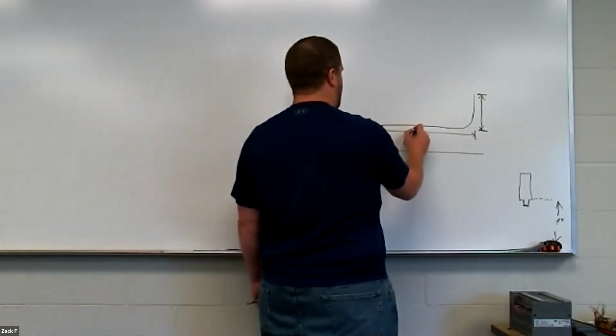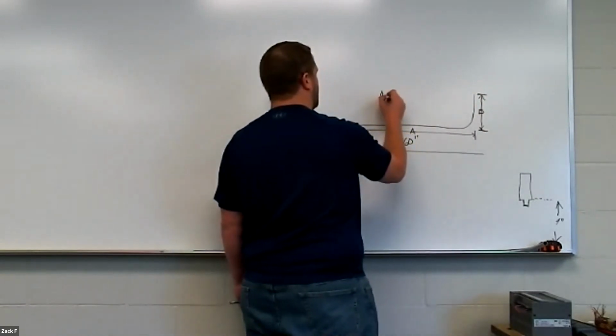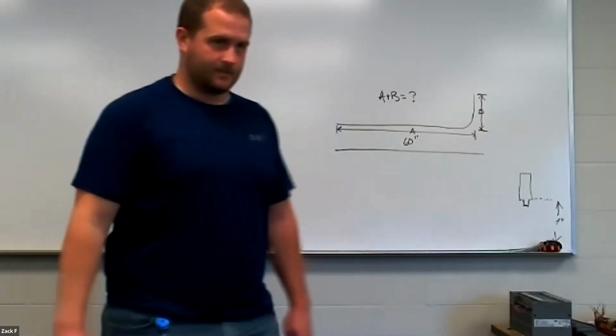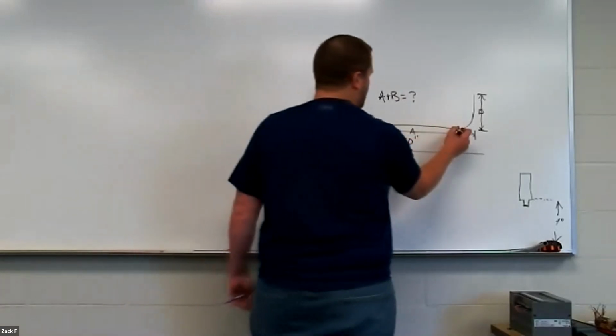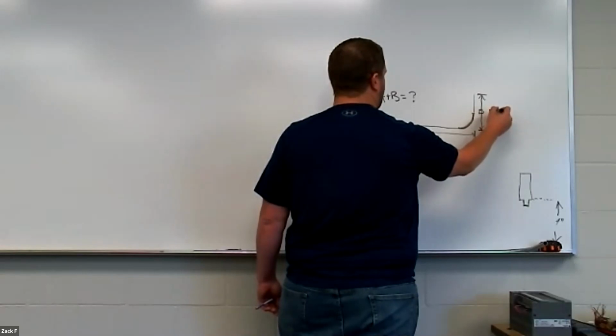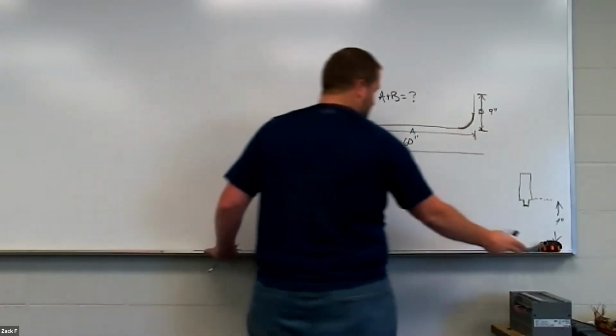If I just call this A and this B, what is A plus B? It's 60. It's actually going to be a little bit bigger than 60 because we cut this corner. Oh, so it'd be what? You said that's 9 inches going all the way up, right? Yep. So it'd be 69. We know this is, no, this is not, we know this is 9 inches. I have to measure this, which I will.